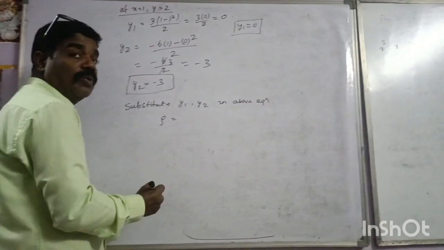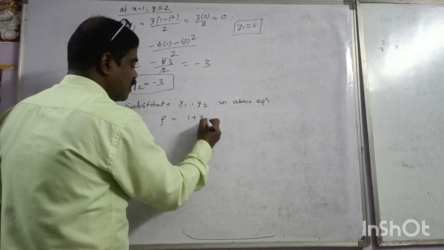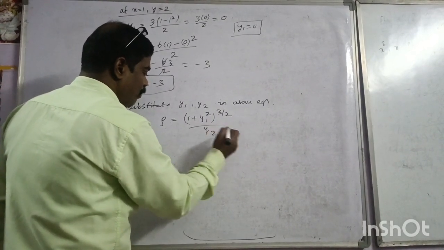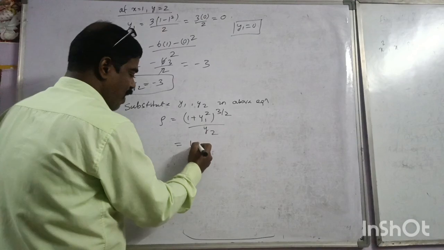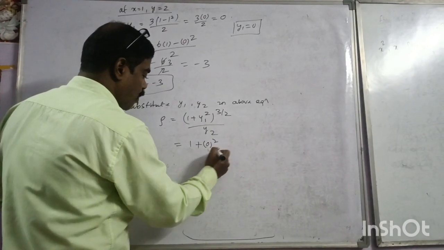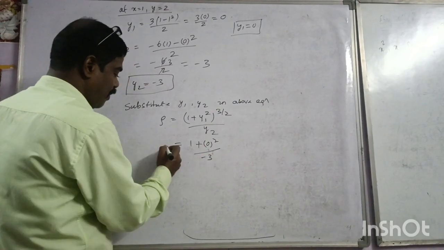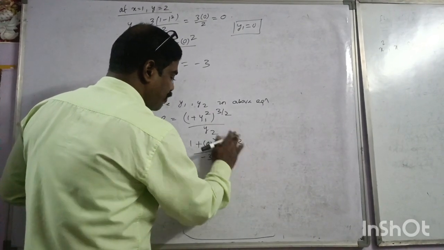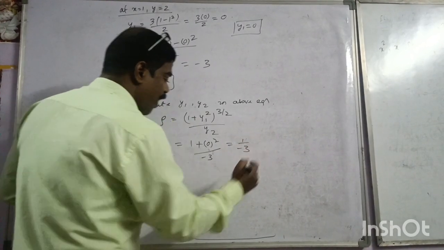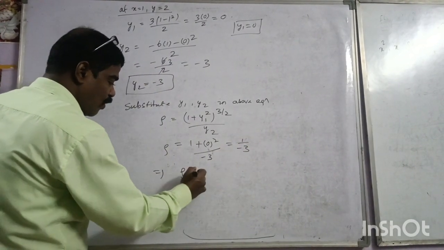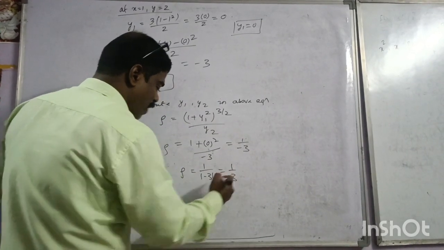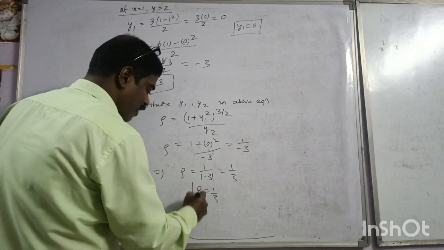Rho is equal to 1 plus y1 square whole to the power 3 by 2 by y2, that is equal to 1 plus y1, how much you got, 0, by minus 3. Rho is equal to how much you got? 1 by minus 3. This implies rho is equal to always mod of minus 3, that is equal to 1 by 3. Rho is equal to 1 by 3.